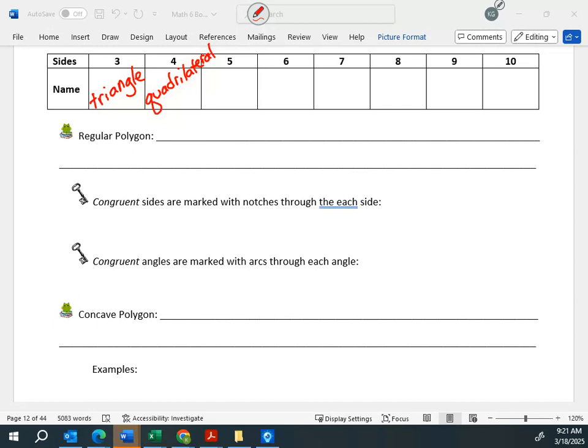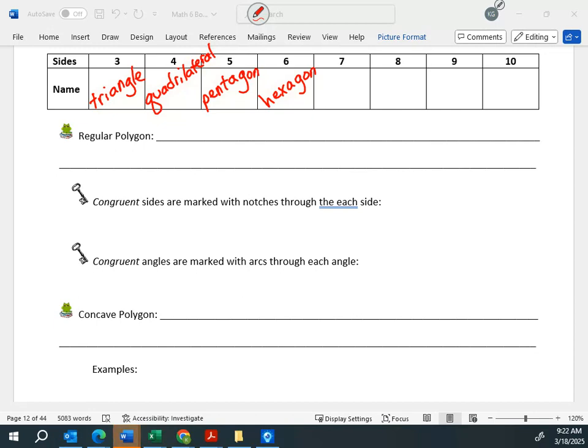Triangle has three. Tri means three. So there are three sides. Quad means four. What do we call a 5-sided figure? Lexi? Pentagon. Penta means 5. What about a 6-sided figure, Lila? Hexagon, very good. 7-sided.